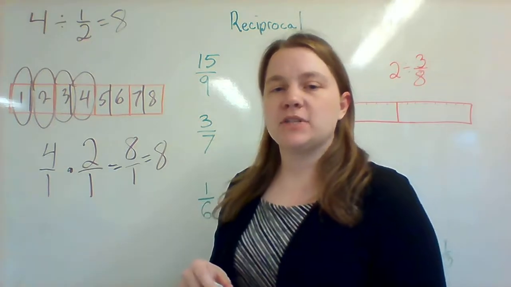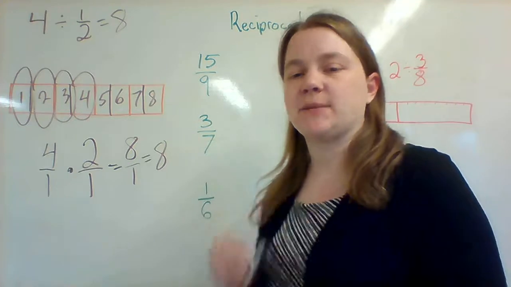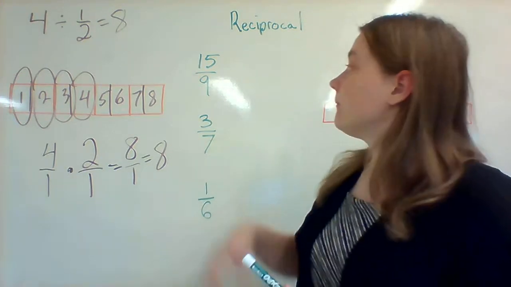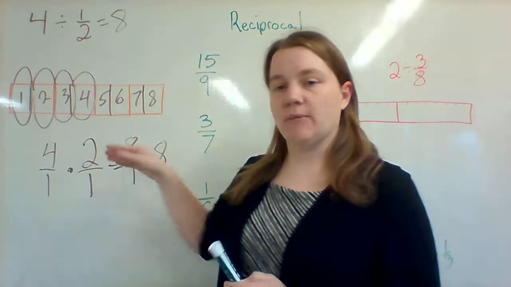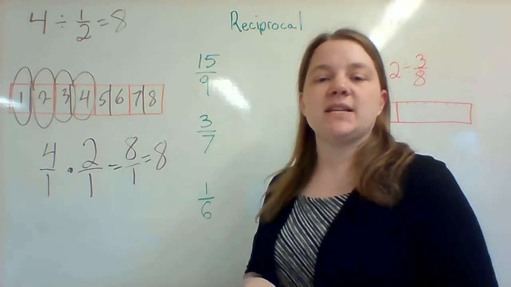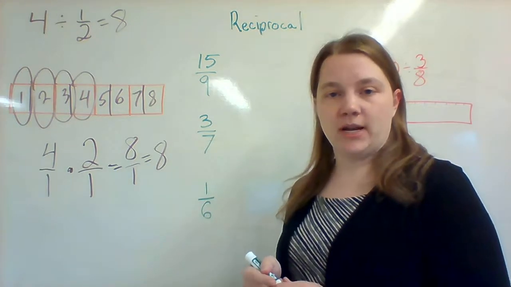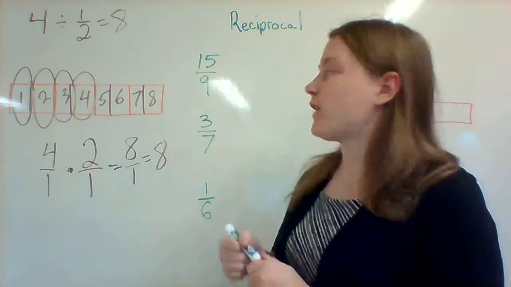That might seem a little confusing on the first example. We have a second example, but first I want to review what reciprocal means, because it's not a word we've used in the classroom before. Reciprocal basically means to flip-flop. So I'm going to take 15 over 9 and find the reciprocal, or the flip-flop, of that fraction.